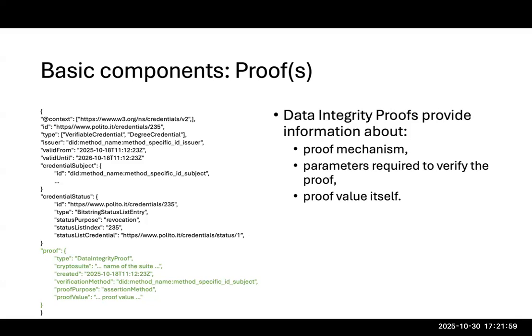Proof purpose: the issuer has a specific purpose, assertion method, and then the proof value. The signature on the whole credential. That's why it is a data integrity proof, because you are essentially protecting the integrity of all the information that you as an issuer are putting in the credential.